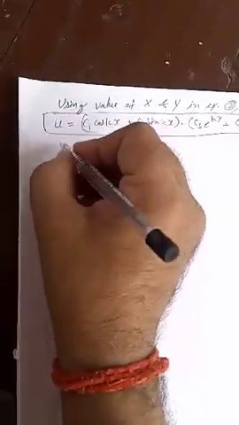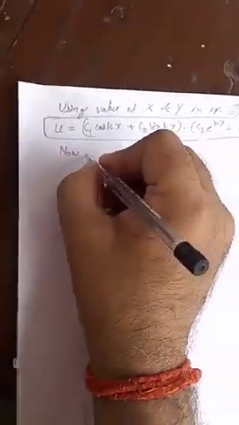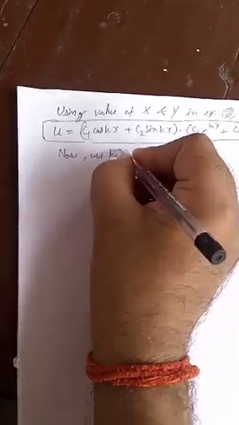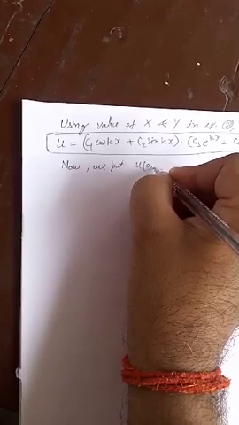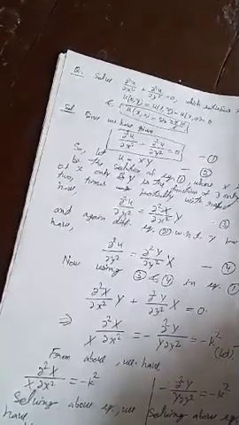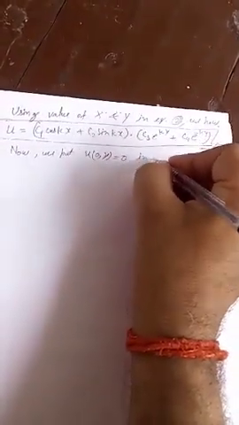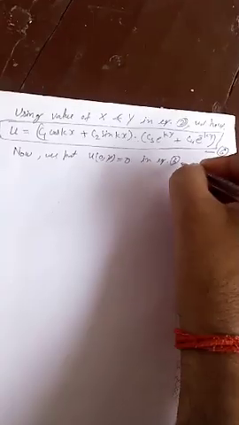Now we put u of 0 comma y equal to 0 in equation 6.